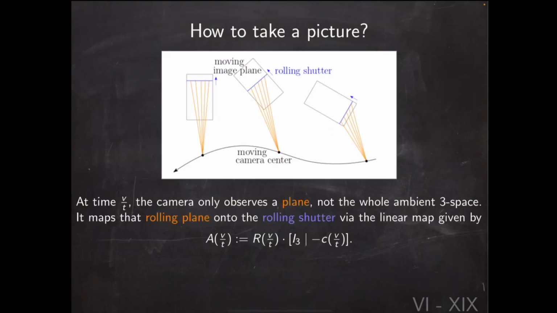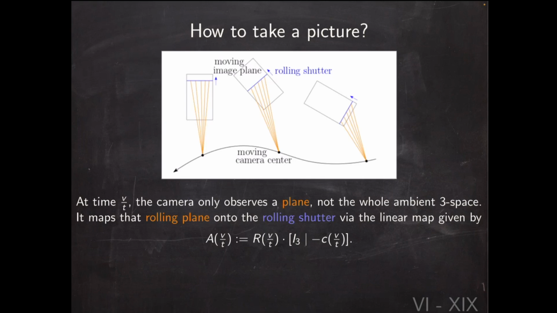This is now just linear algebra, because it would always map the orange planes, which I call rolling planes, onto these blue rolling shutters, just via the matrix that I have given at each time. Remember, this was from the global shutter definition. So at a given time, my camera is this map from P3 to P2, given by a 3x4 matrix that depends on the rotation and the camera center.